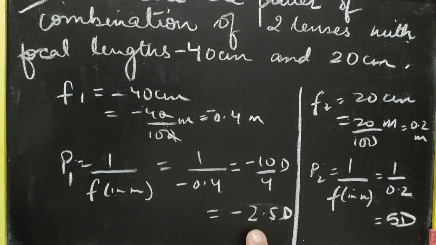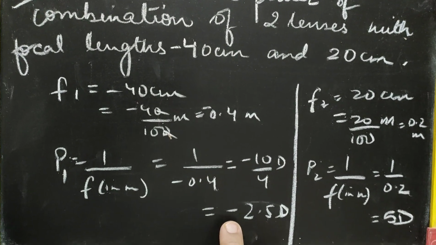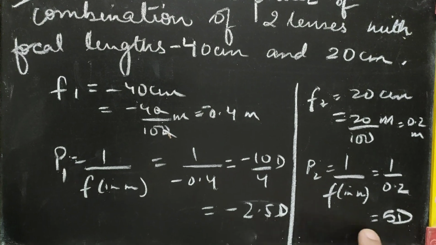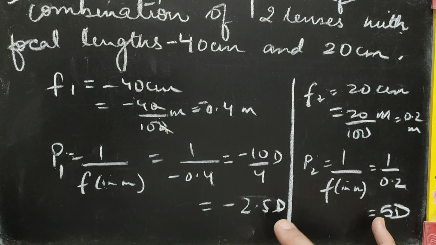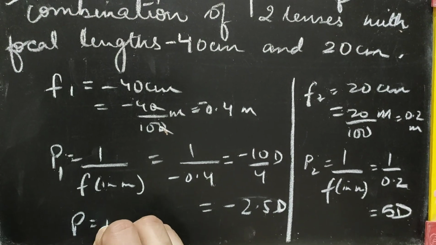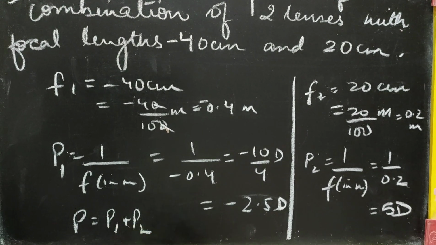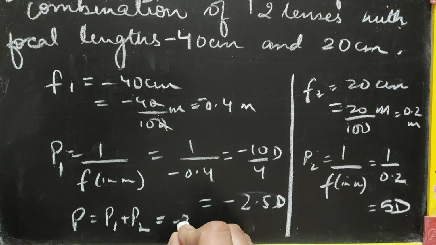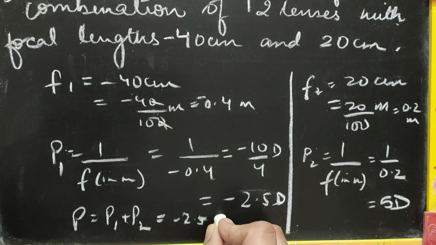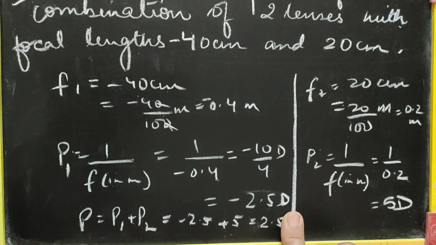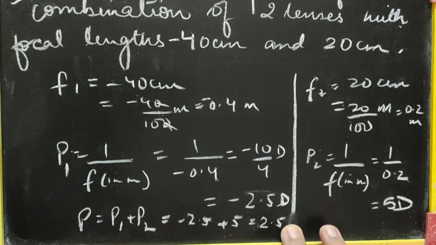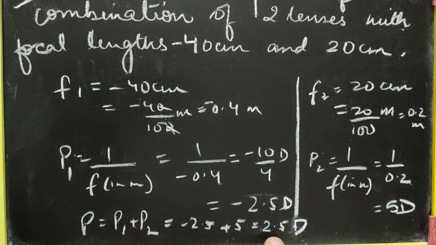So the two lenses, the diverging lens has power minus 2.5 diopter and the converging lens has power 5 diopters. Combination is going to have a power which is the individual sum of both the powers, which would be minus 2.5 plus 5. So that is 2.5 diopters. The combination is going to have a power of 2.5 diopter.